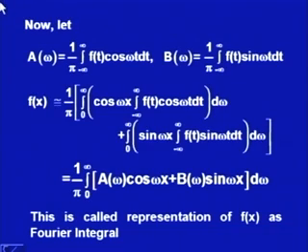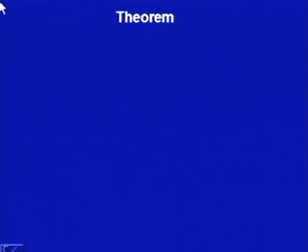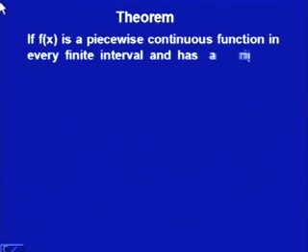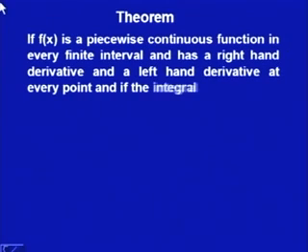What does it help with? Let us see this result which we have, and find out theoretically what it says. If f x is a piecewise continuous function in every finite interval and has a right hand derivative and a left hand derivative at every point. So, now we are not assuming that the function is differentiable; we only say that the left hand derivative and right hand derivative exist and the function is piecewise continuous.